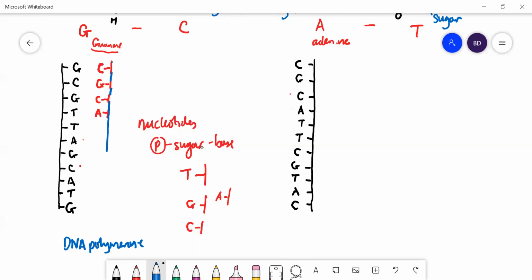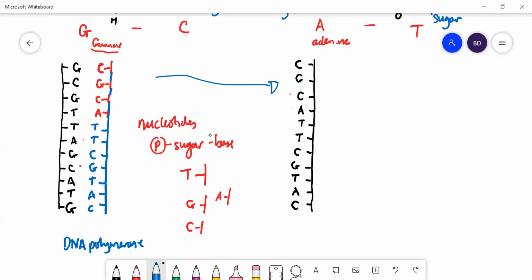So what you're going to end up with is a strand which is T, T, C, G, T, A, C. And it hasn't escaped your attention that that is exactly the same base sequence as the original strand that was opposite it.